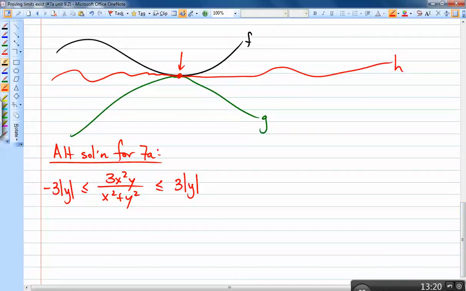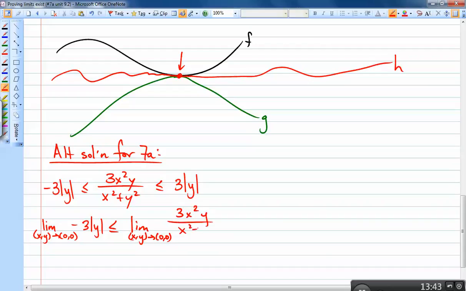So now, if I take the limit of each of these as xy goes to 0, 0, negative 3 absolute value of y is always less than or equal to the limit as xy goes to 0, 0 of 3x squared y over x squared plus y squared, which has to be less than or equal to the limit as xy goes to 0, 0 of 3 times the absolute value of y.